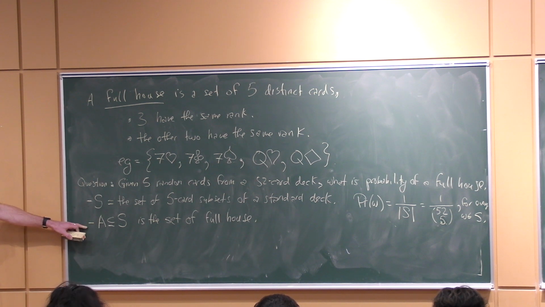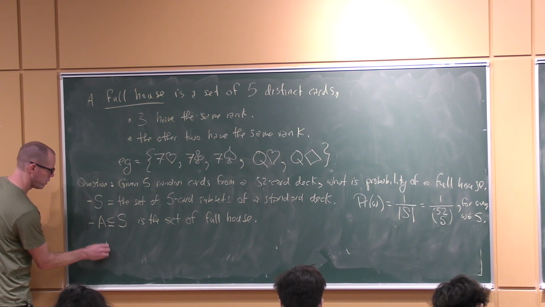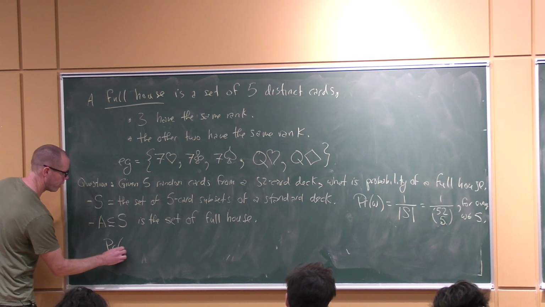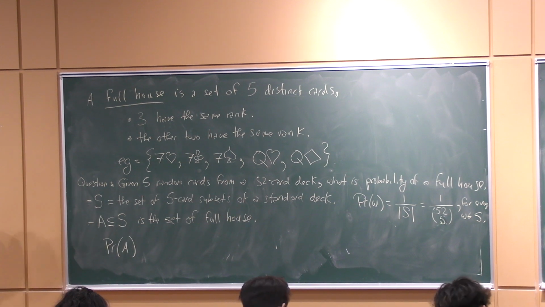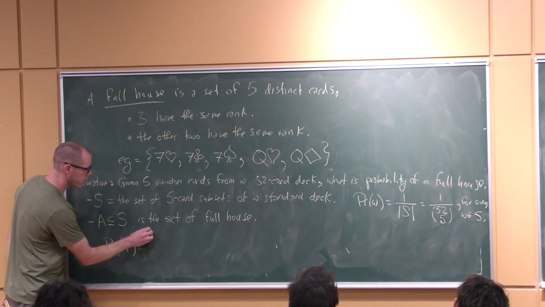All right, now we want to know, here's the set of full houses. We want to know what's the probability of that thing. So the probability that we're given a full house, this is a uniform probability space.